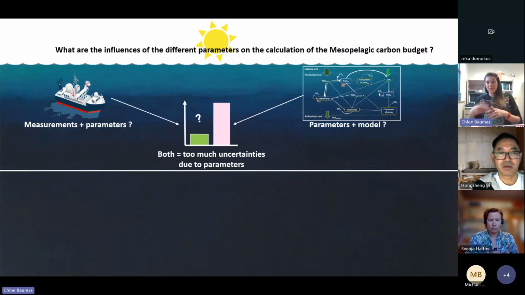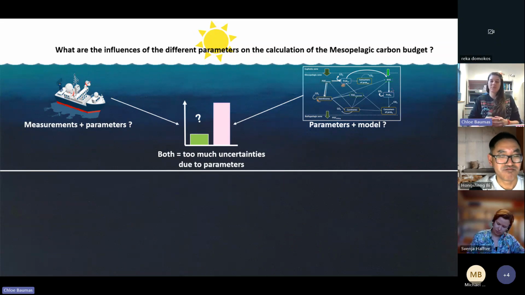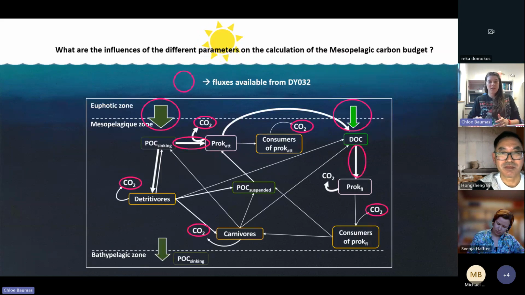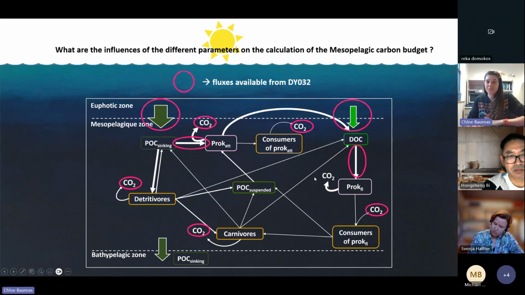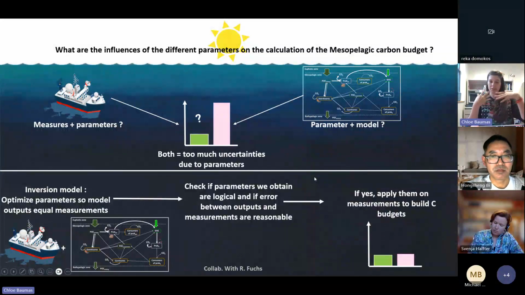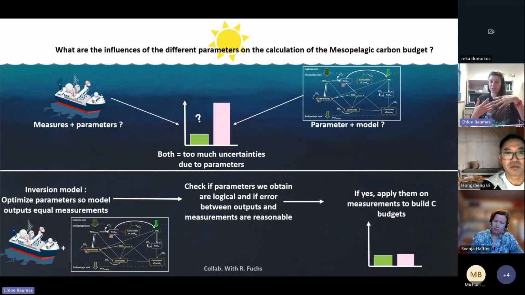So whether with measurements or with the model, we depend too much on the choices of parameters on which we have too many uncertainties. On the other hand, some of the fluxes estimated by the model correspond to data that I have for the PAP Cruise 2015, such as the bacterial production for attached prokaryotes and their respiration, same for free living, and total respiration of zooplankton. So since we've got correspondences, we can take the problem in reverse.